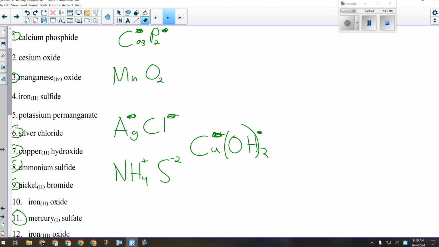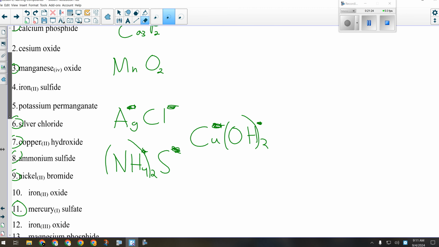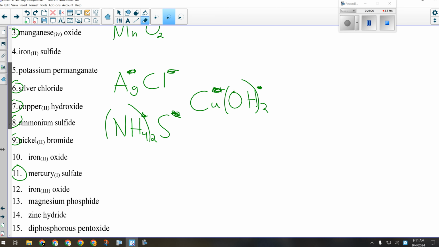I'm just going to drop and swap like I would any other ionic compound. 2 is going to go there, a 1 would go there, but we don't write 1s. NH4 in brackets 2, S. Questions on that one?